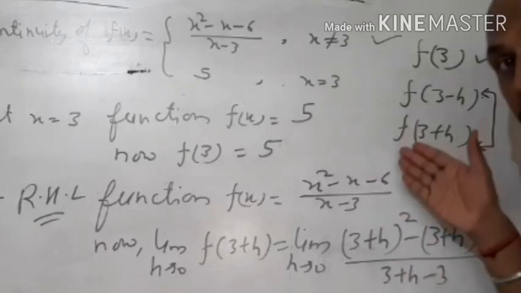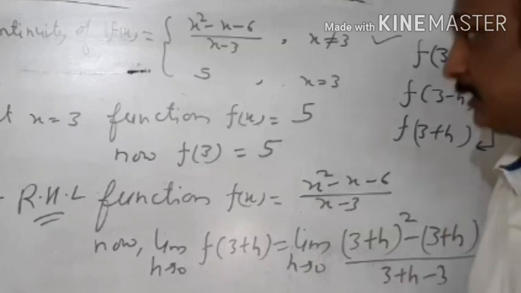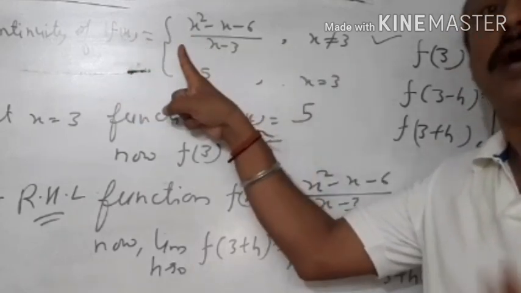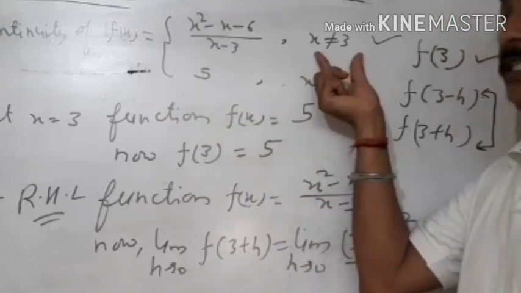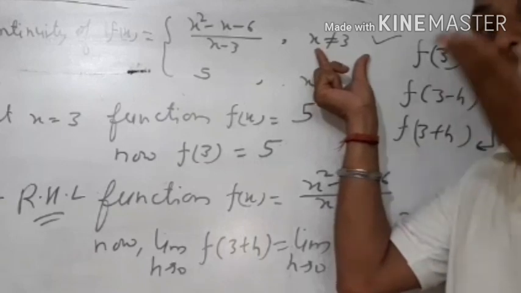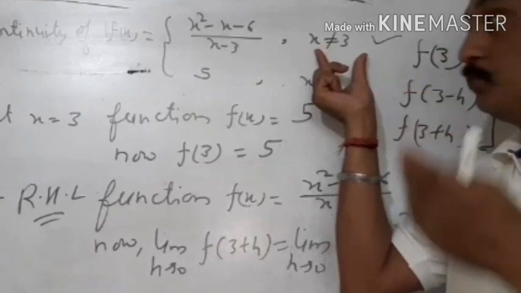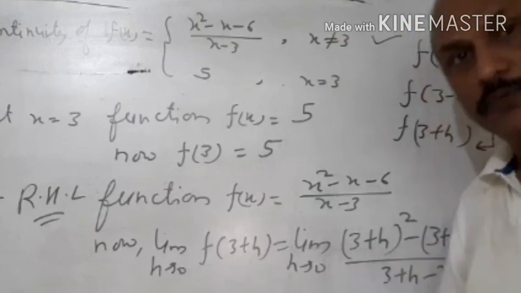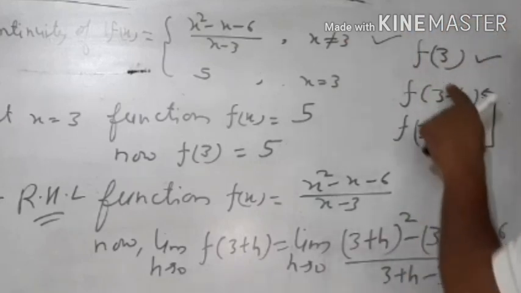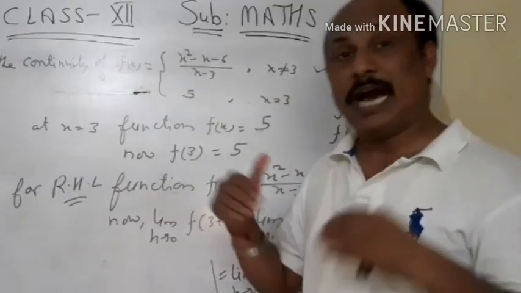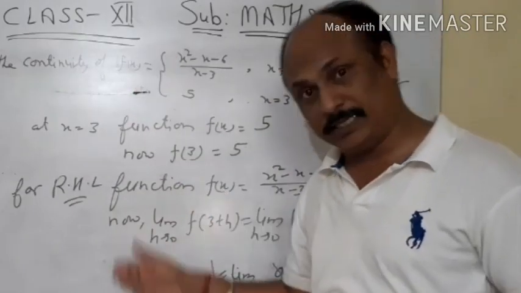For both conditions, we should select this condition of function f(x). Why? Because x is not equal to 3 means x may be greater than 3 and x may be less than 3. So we should select this condition for both cases. Okay, I revise the whole process.